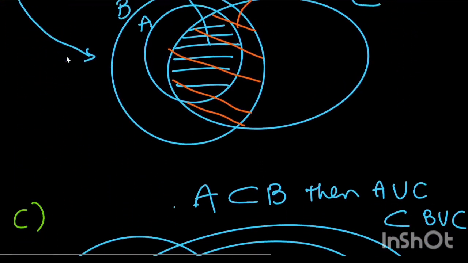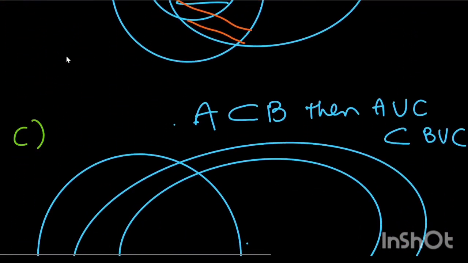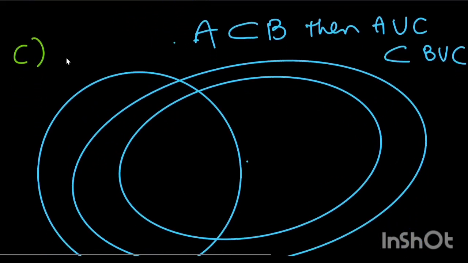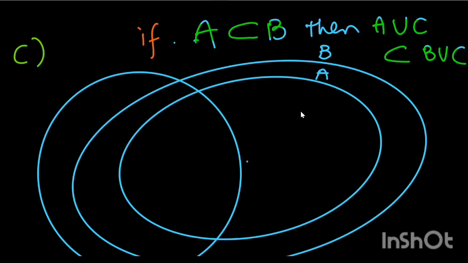Now similarly, this option C is quite similar to the one we did in option B. In this we need to check if A is a subset of B, then whether A union C is a subset of B union C or not. Similarly, since A is a subset of B, I have drawn set A inside the set B circle or ellipse. Now set C I have drawn in a generalized way, intersecting both A and B like this.